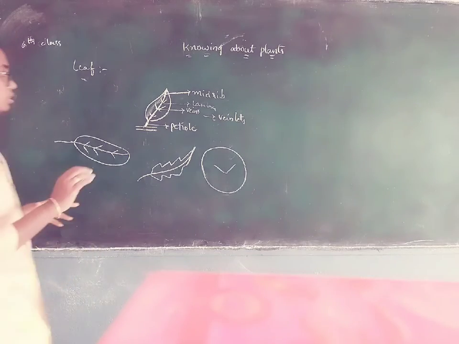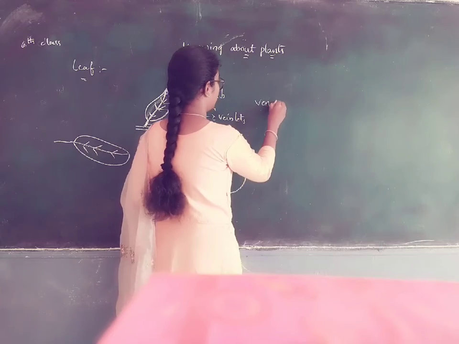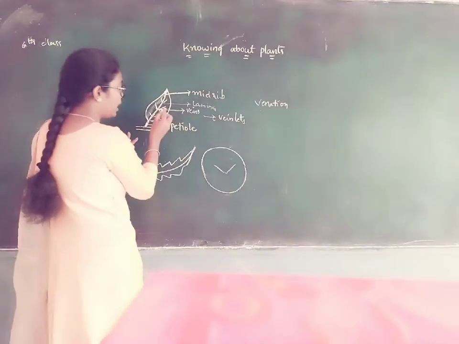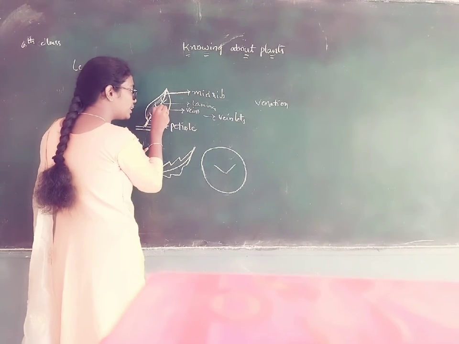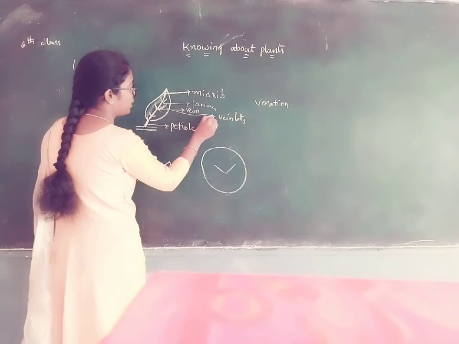Let me show you venation. Here I told you about veins, and these small lines also contain very small projections of lines. Those are known as veinlets.